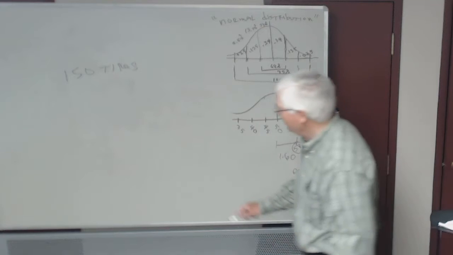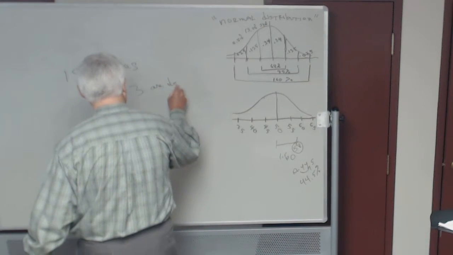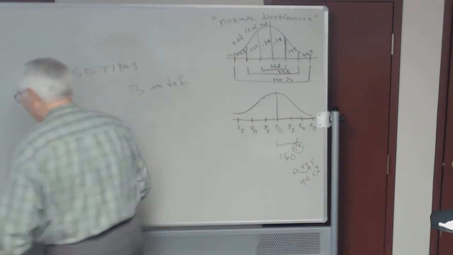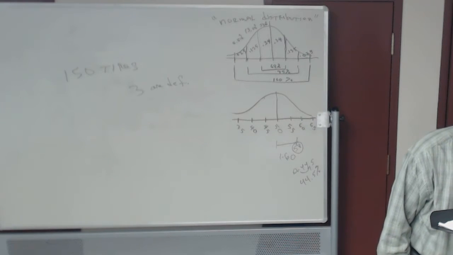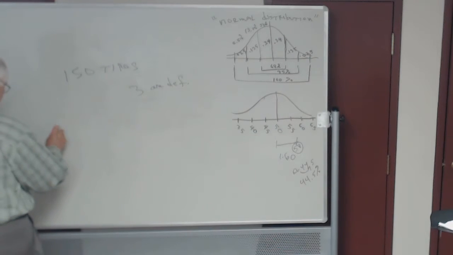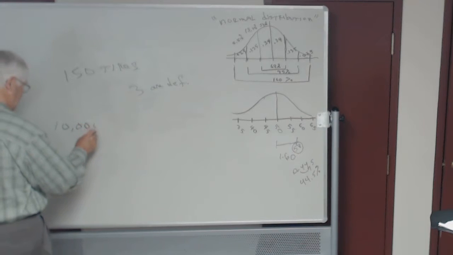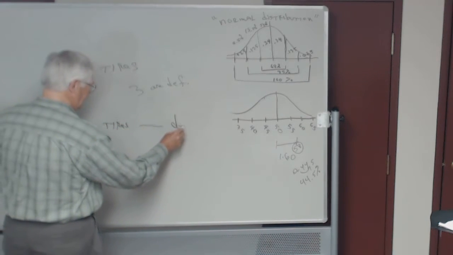Three tires are defective. Is that what they found? So what do they want to know? In a batch of 10,000 tires, how many are defective?